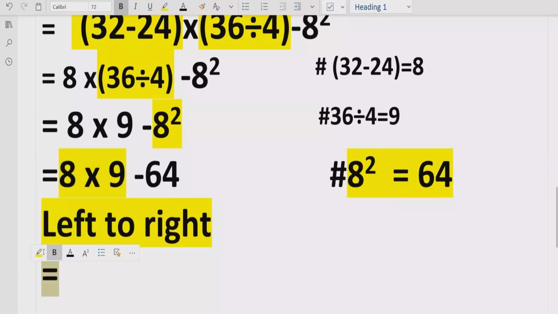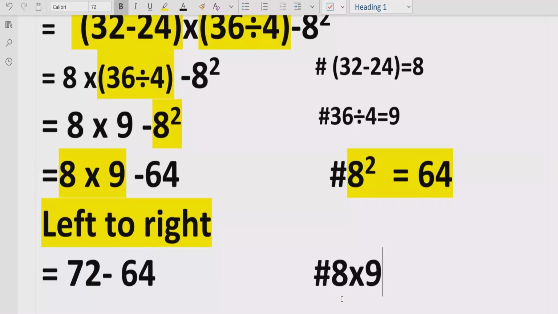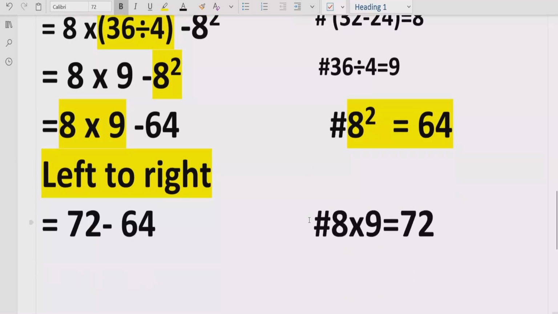We write 8 multiplied by 9, which equals 72, minus 64. We give the reference here: 8 multiplied by 9 equals 72. In the end, we have two terms subtracting each other, 72 minus 64, which equals 8. So the answer of this expression is 8.